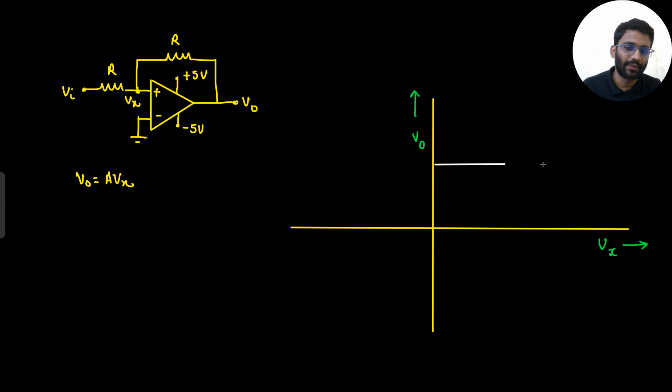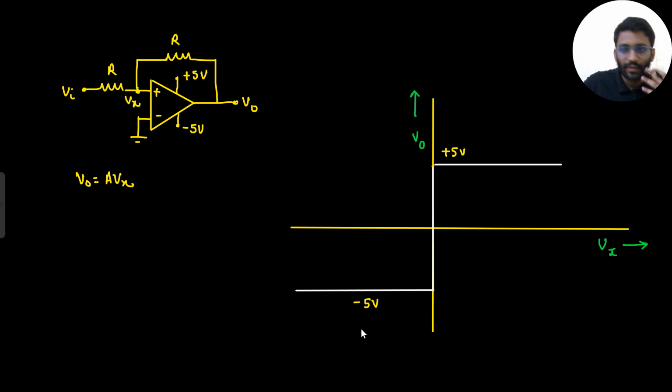If Vx is positive, that means my output will be plus 5. And if Vx is negative, my output will be minus 5. Are you agreeing with this point? Are you agreeing with this graph? If Vx is positive, my output will be plus 5 volt. And if Vx is negative, my output will be minus 5 volt.